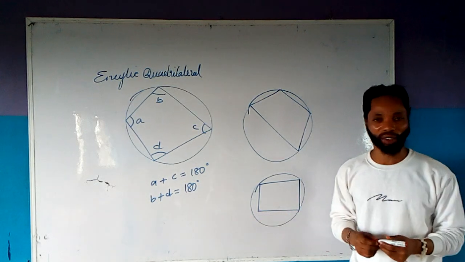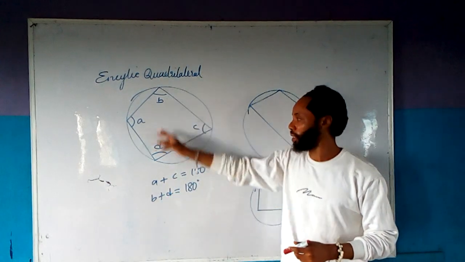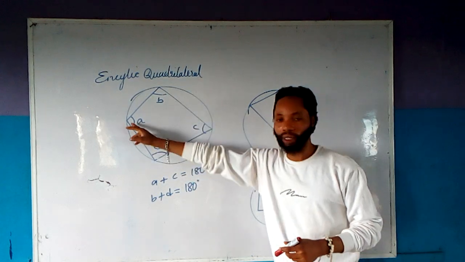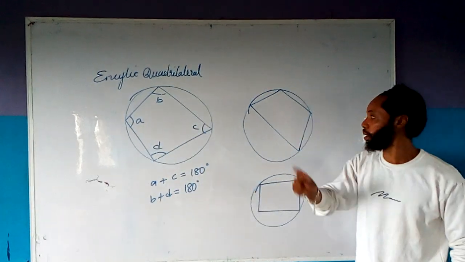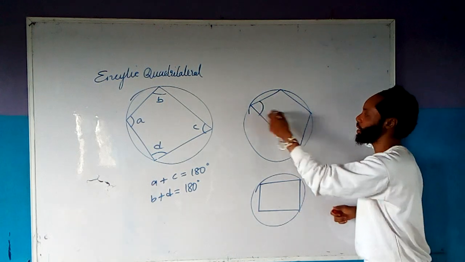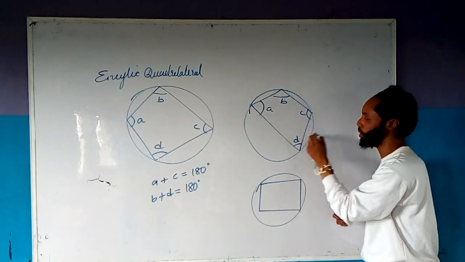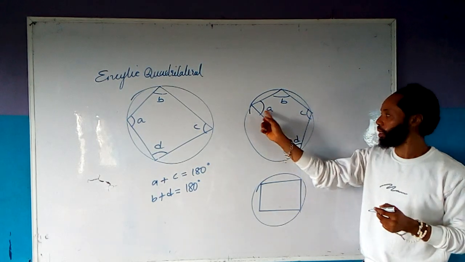So the law of a cyclic quadrilateral states A plus C, that means the opposite angles add up to 180. Likewise in this case, remember this. Look at this, A, B, C, and D. These two are opposite, you understand?